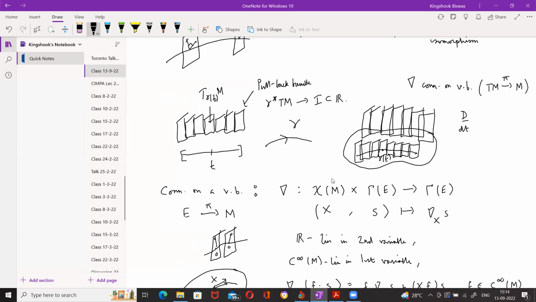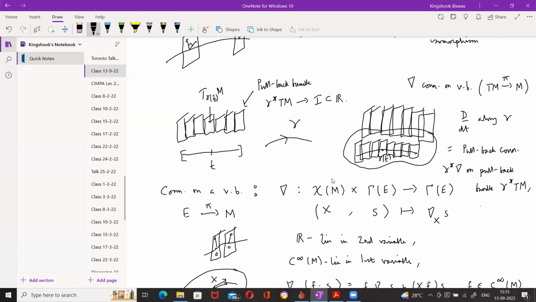D/dt along gamma is equal to the pullback connection, gamma star nabla, on the pullback bundle gamma star TM.